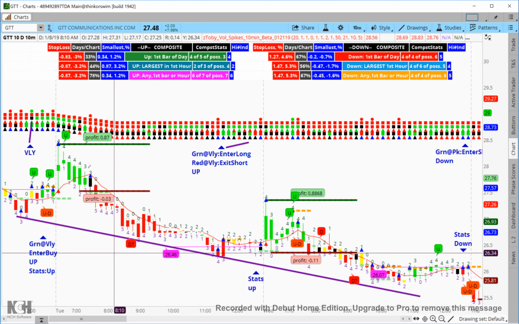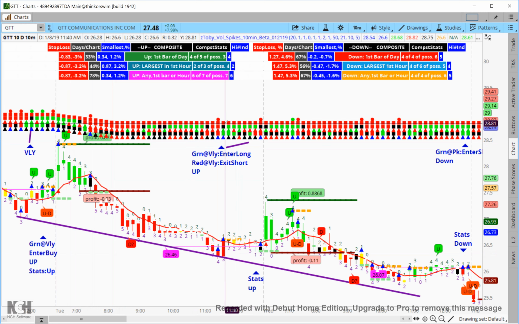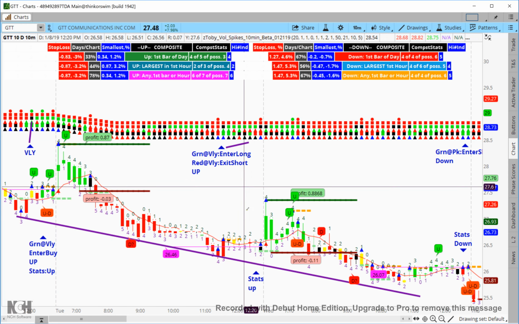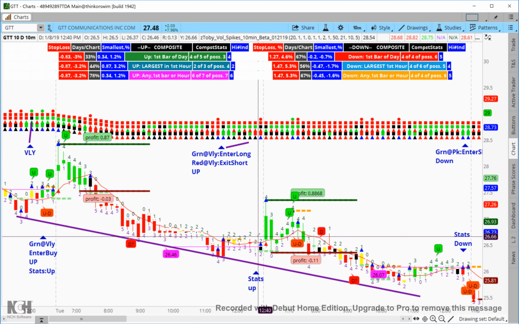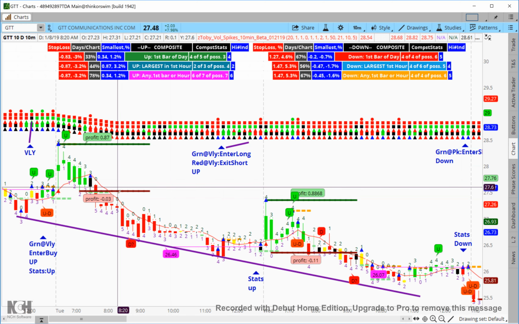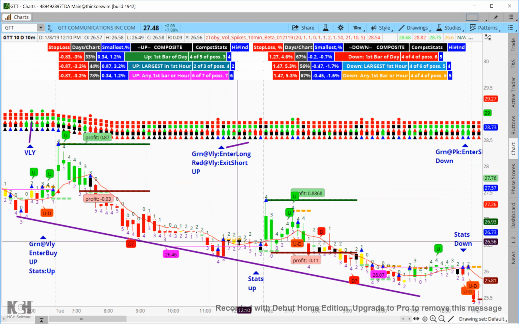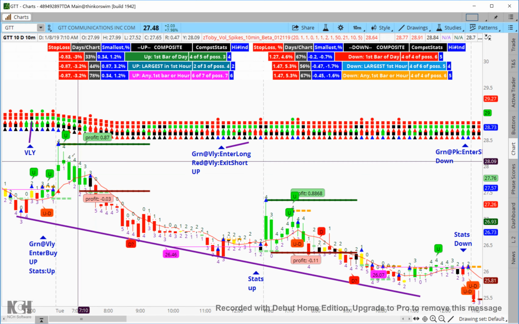Okay, the next one, long-term downtrend. These days are a little harder to figure out if you're in a peak or valley because the whole day is going down. If you look at this bar here, it goes down, up a little bit, down, up. You can draw lines.